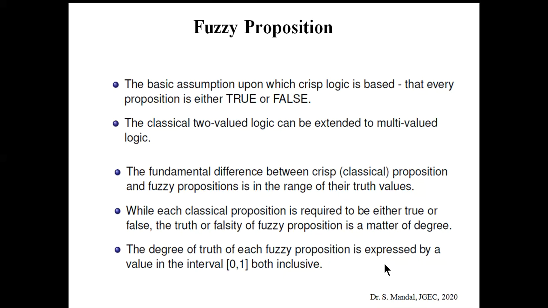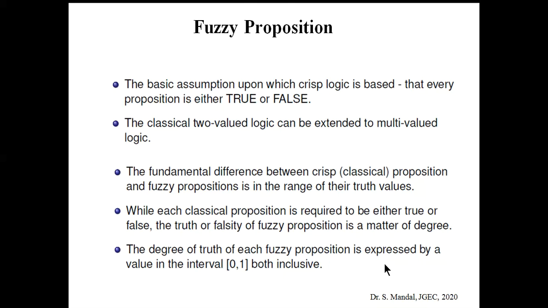Now the fundamental difference between a crisp, that is classical, proposition and a fuzzy proposition is in the range of their truth values. A truth value is the corresponding output. For a classical proposition, it is either true or false, so it can take either one or zero. But in a fuzzy proposition, the truth value can vary in the range between 1 and 0.